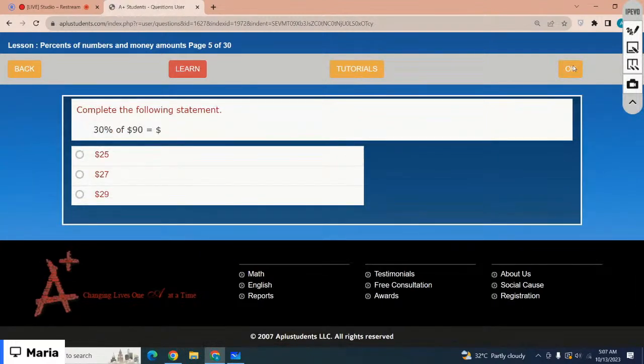30% of 90 is, which is the correct option? 27 is the correct option.